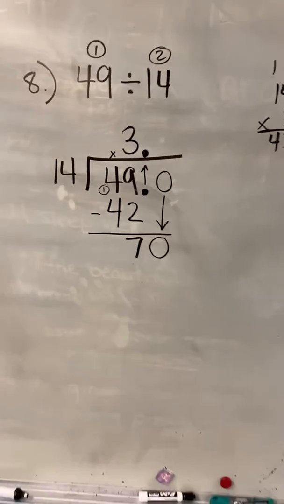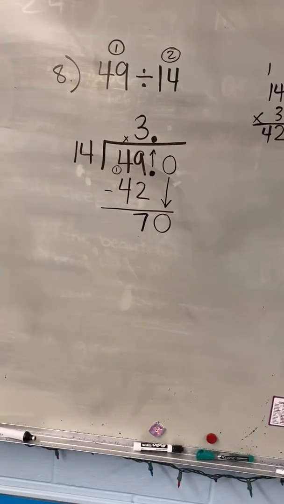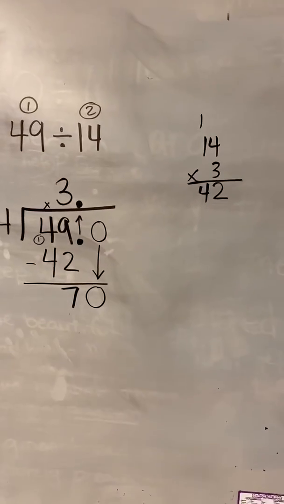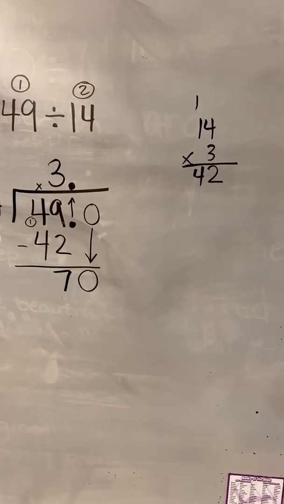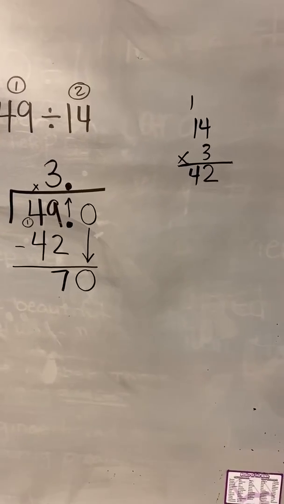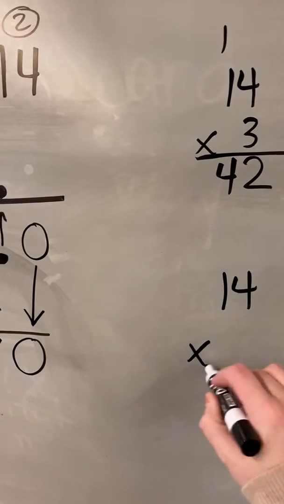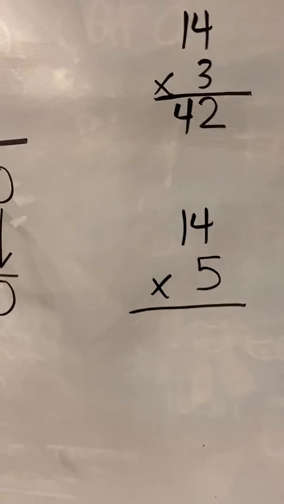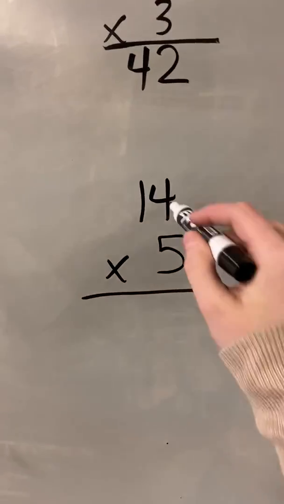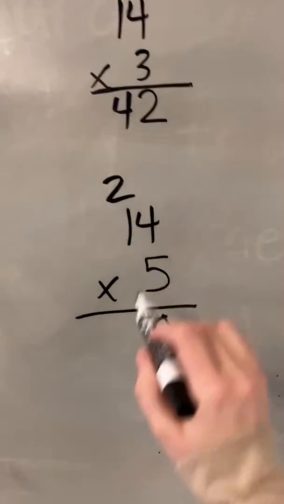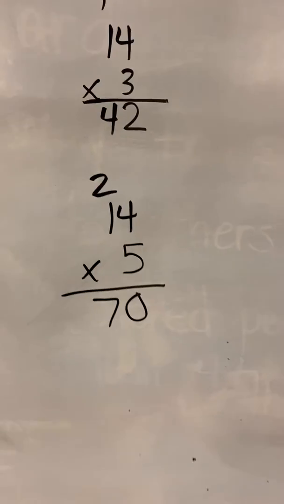So now 14 into 70. So I know 14 times 3 is 42. So maybe I'll add 2 more to that. So maybe I'll do 14 times 5. Because sometimes you just have to do trial and error. So 4 times 5 is 20. Carry the 2. 5, 6, 7. Oh, look at that. It goes in perfectly.